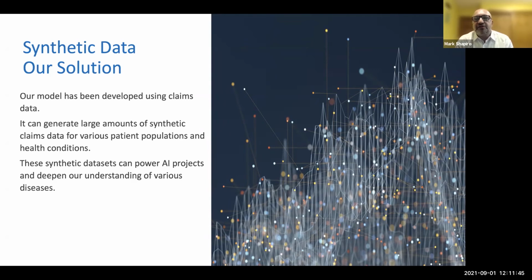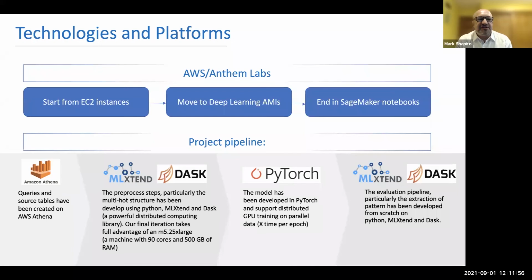And we want to leverage that information to enable AI research and development, and, in general, work to improve healthcare. The technologies and platforms that we use. Again, this is just to emphasize that that's a large amount of data that required quite a bit of computing power.